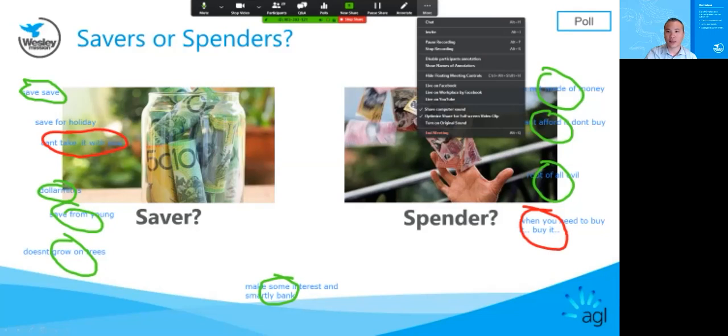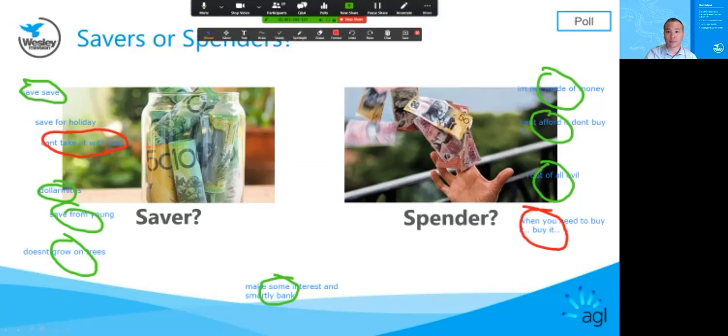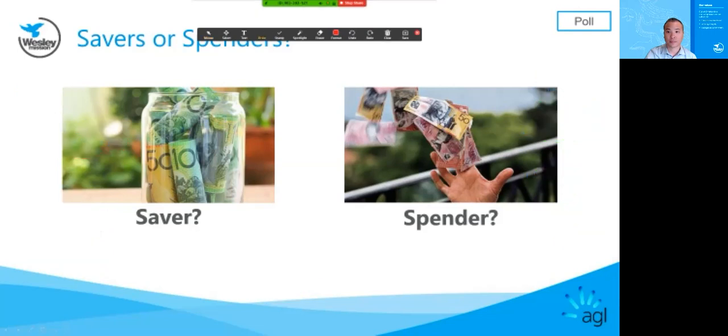And how has that impacted your financial situation today? Vote away.